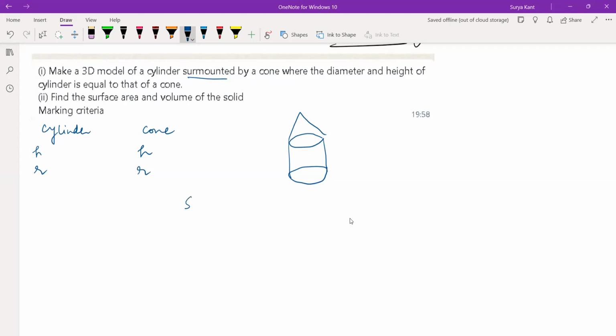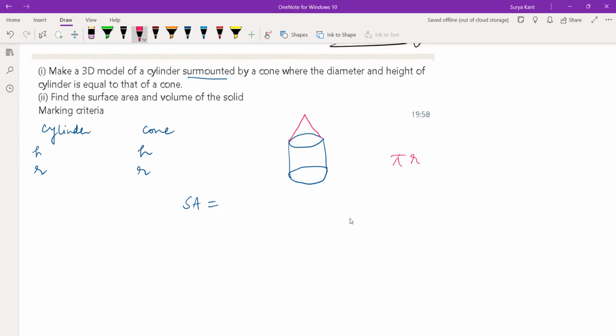What is the formula of surface area of this whole diagram? Sir, pi r square h. Pi r square h is the volume, no? Not the area.